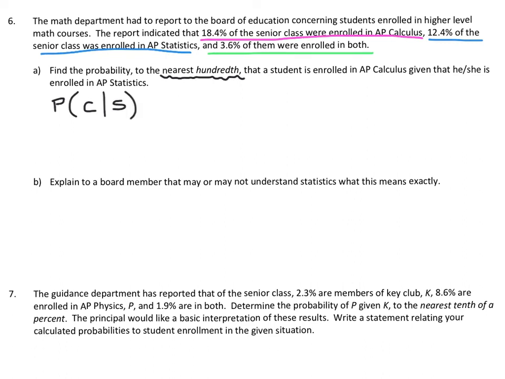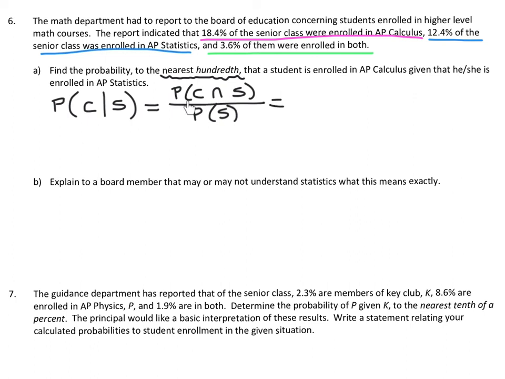So again, we're finding the probability that a student is enrolled in AP Calc, given that he or she is enrolled in AP Statistics. I'm just going to use our formula. From the previous page, the probability of calculus given statistics is the probability of calculus and statistics over the probability of the given event. Remember, whatever's mentioned second is the given event.